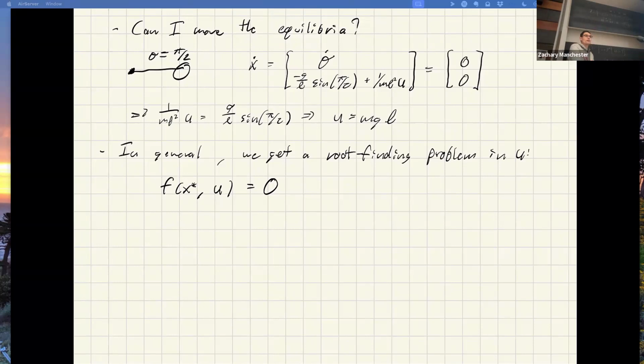So let's say I only gave you a torque input about the elbow and not the shoulder. Could you do this kind of arbitrary equilibrium point thing in that case? No, right? Because you've got an equation now where you've got two q variables that you have to zero out, and you only have one input variable to do it. So in that case, you just absolutely can't do this arbitrarily.